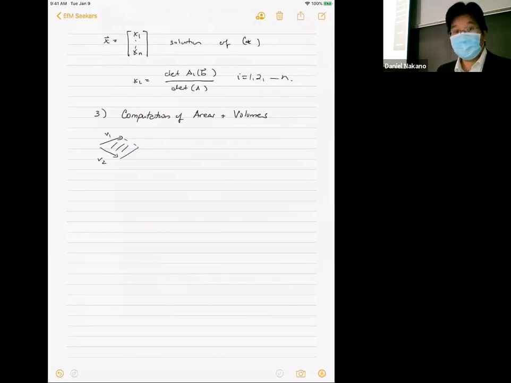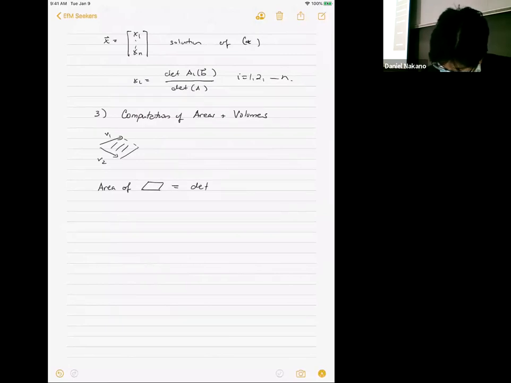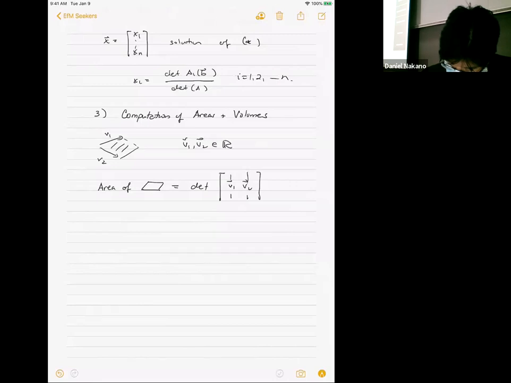Okay. So the area of this parallelogram is going to be equal to the determinant of the matrix by just taking vector v1 and v2. And remember, v1 and v2 are in R2.